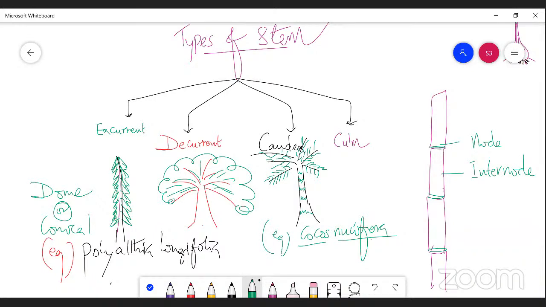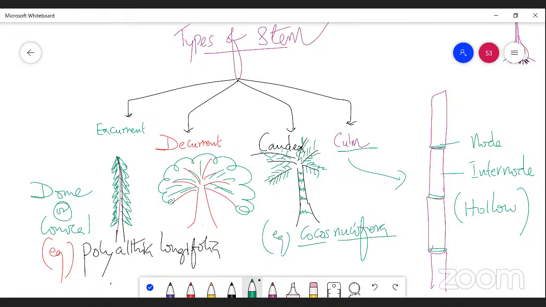So this node and internode, in a cylindrical stem which is long and elongated, has a hollow cavity at the center. This is called culm type.